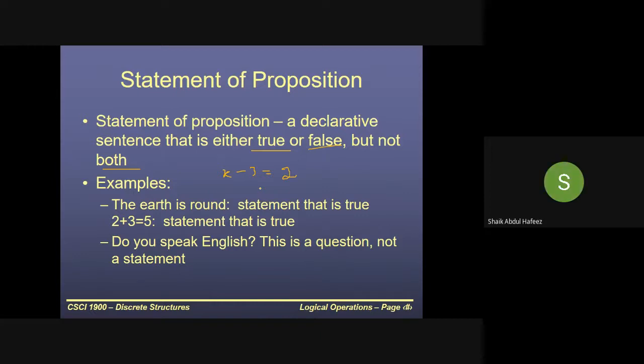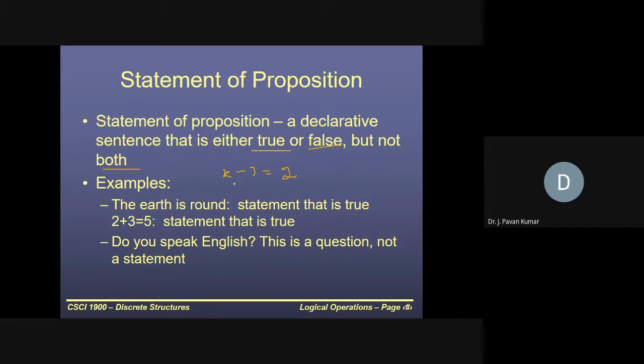No, sir. Why? Because we don't know whether it is true or not. I think you have understood the definition of a statement. It is a sentence that can have a truth value either true or false, but not both.